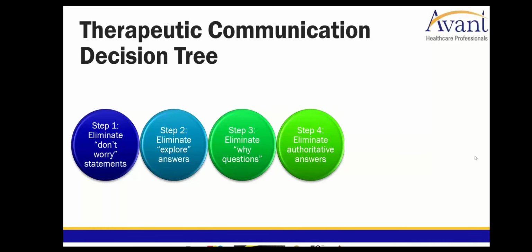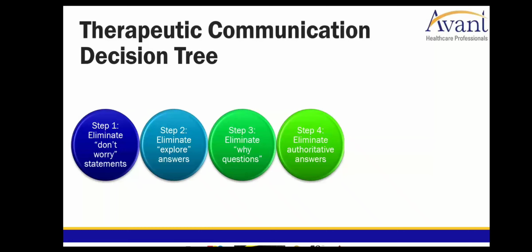Take a look at number 4. Eliminate authoritative answers. Remember, therapeutic communication is all about communicating the details of that patient's care to them and helping them to understand and therefore make educated decisions about their own care.